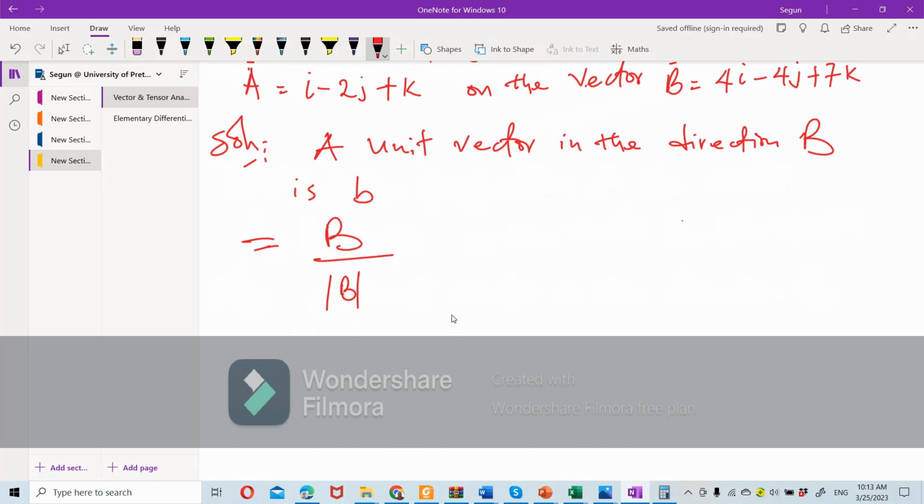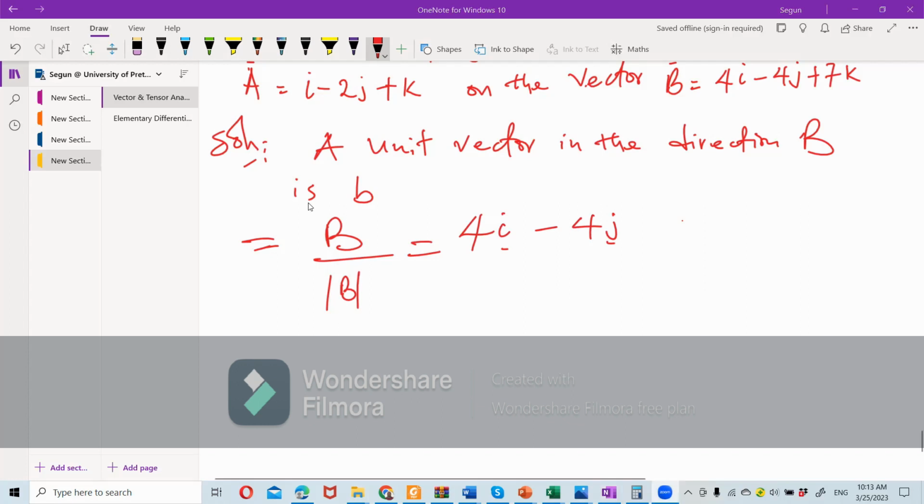So how do we solve this? Remember the way we solved the magnitude in the previous video. So we have our vector to be 4i minus 4j, are we there now?